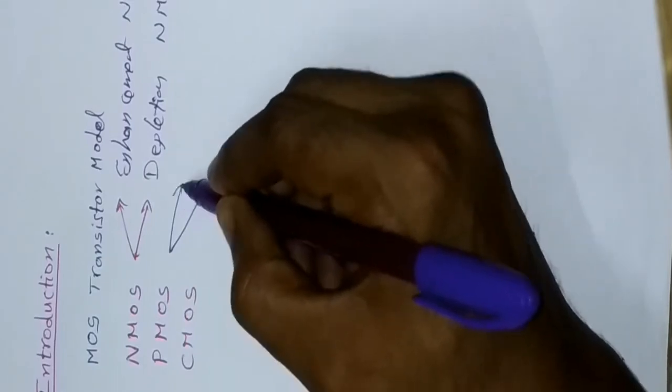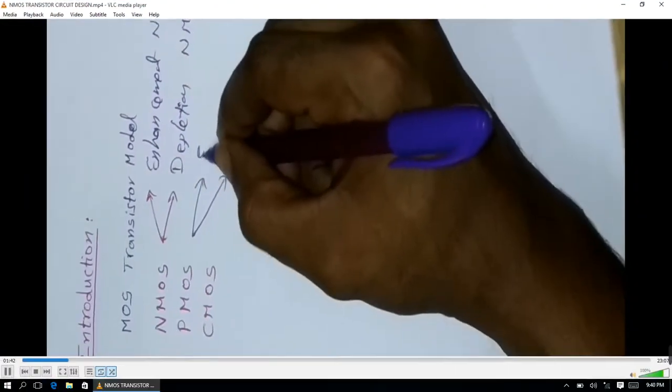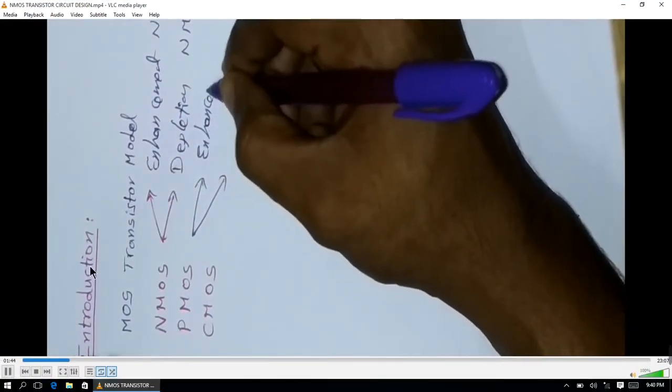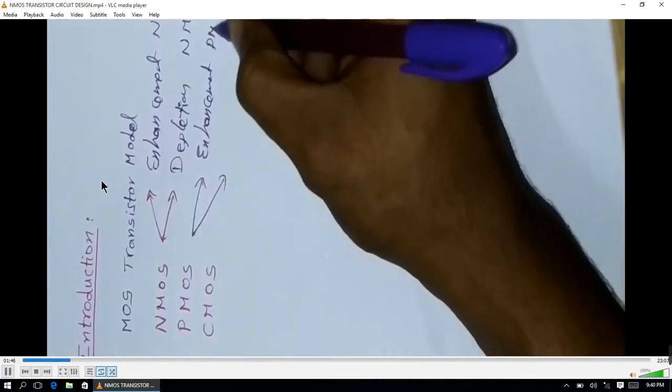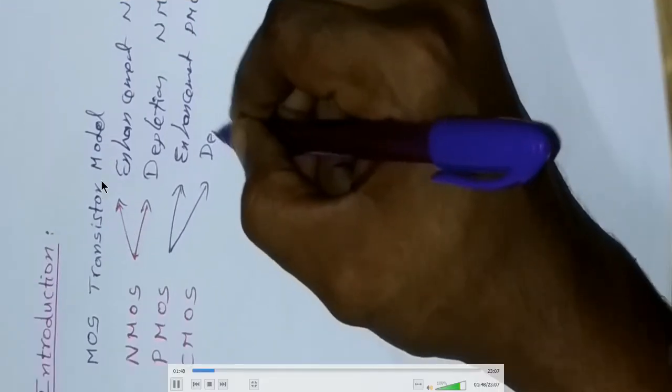Similarly, the PMOS transistor is also classified into the same two types, that is enhancement mode PMOS and depletion mode PMOS. Here the CMOS is the combination of Nmos and PMOS. By the combination of these two, we get the CMOS transistor model.